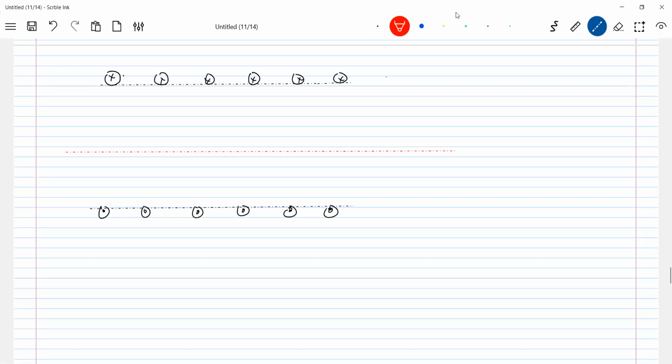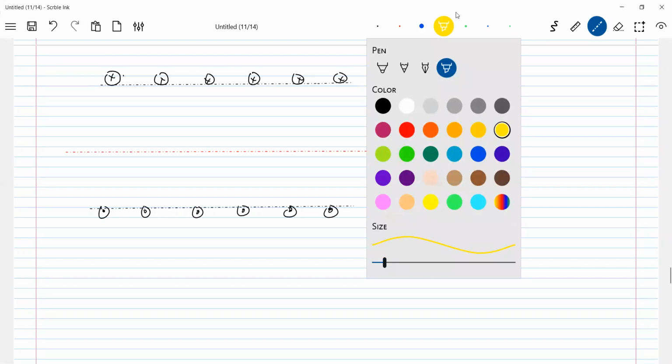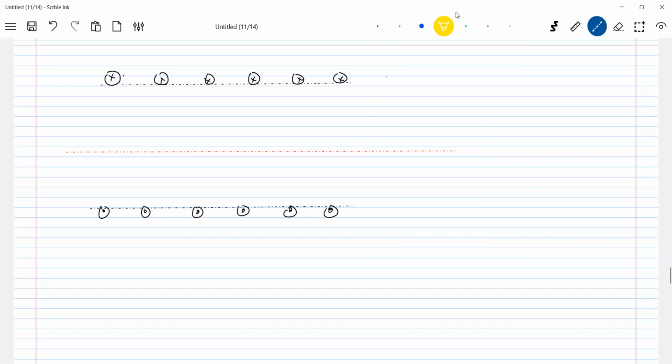So let me assume a strip. This strip contains some number of turns. Let me take this as a reference point.